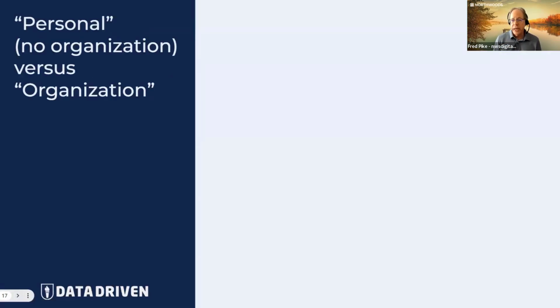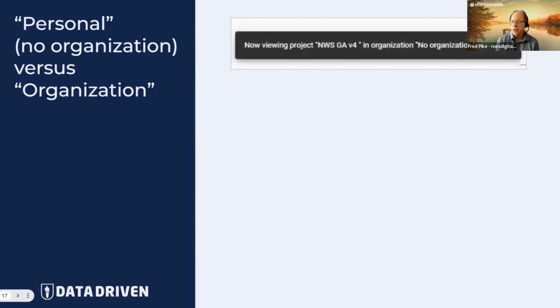if we look in the GCP, we'll see a couple of different designations that tell us whether we're in the personal or the organization. If you're doing anything with a personal version, you'll see this message saying no organization. So that's pretty clear.